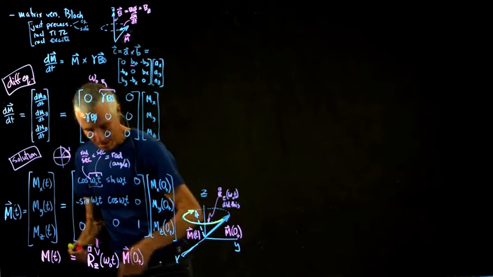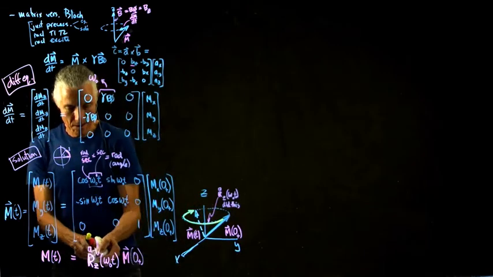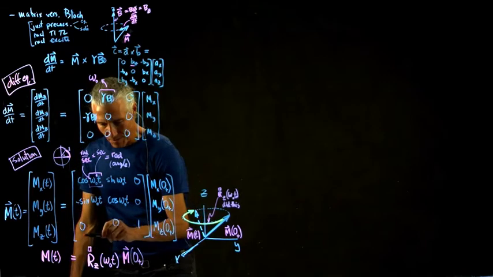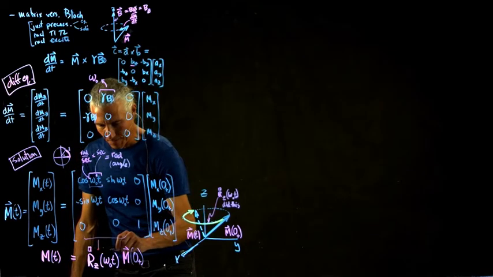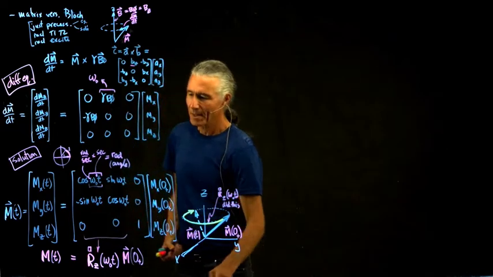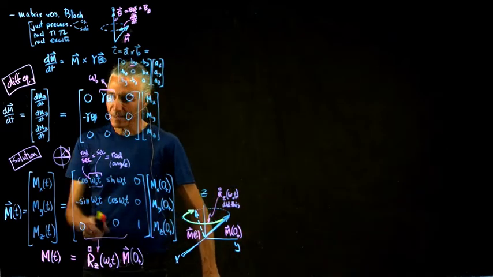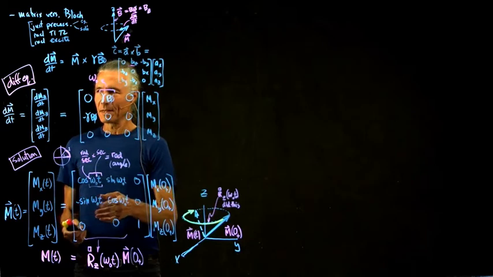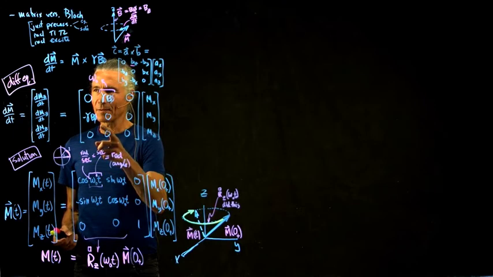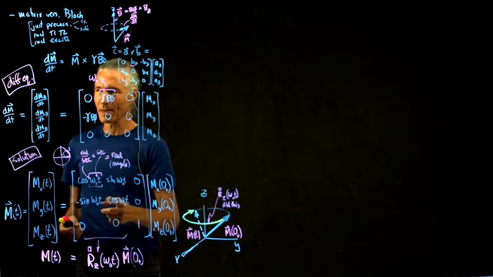So we didn't do anything useful except just write out the solution to, well, we did something useful. It told us the actual solution to this differential equation, written out in matrix form.